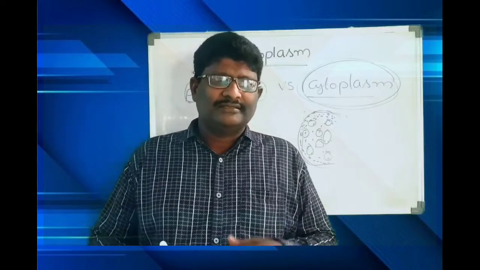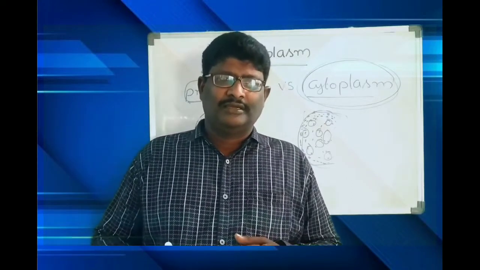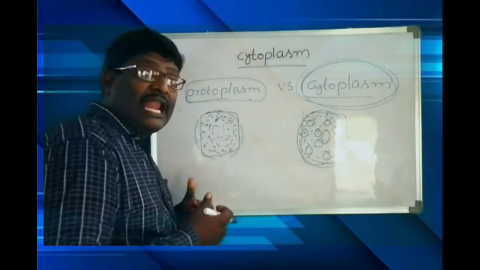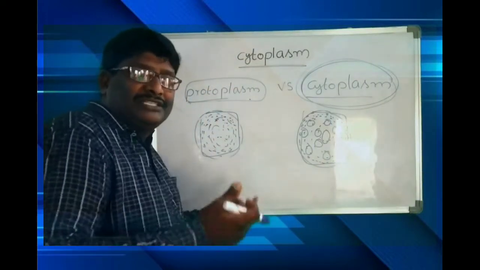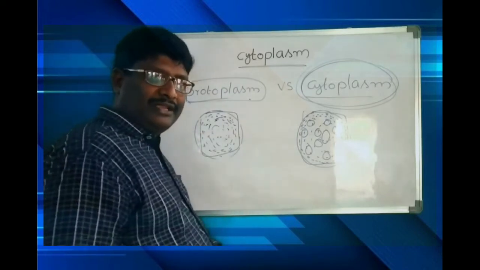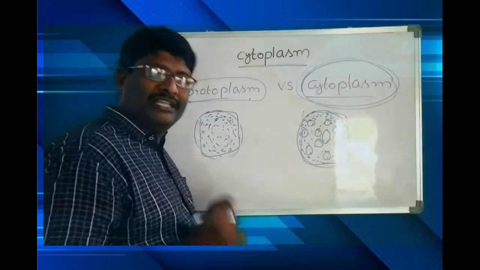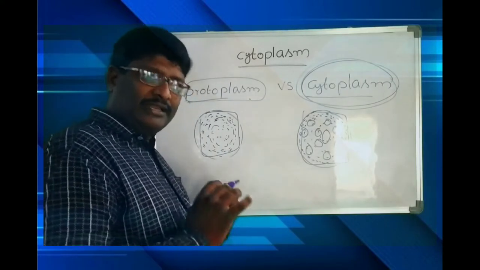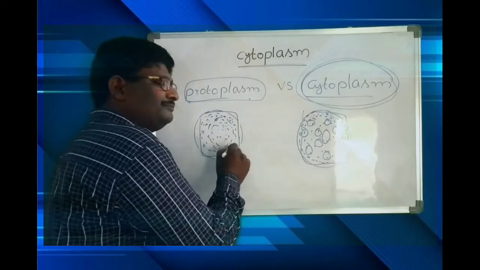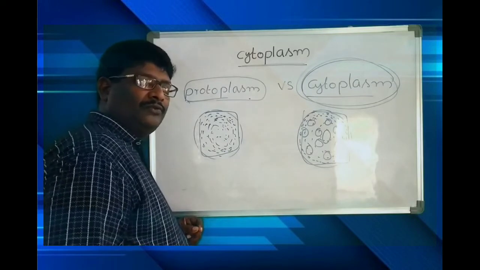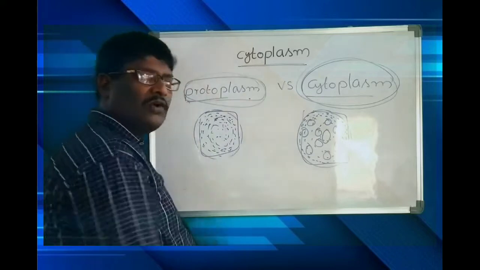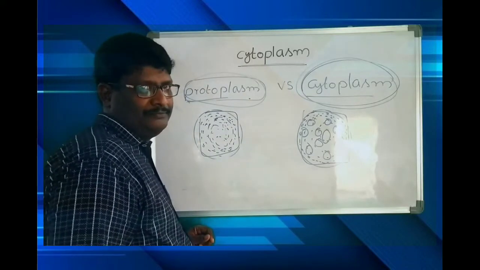They thought that because of this protoplasm, the cell is alive and all the functions go smoothly in the body of the living organism. So for this fluid-like material inside the cell, they called it protoplasm.